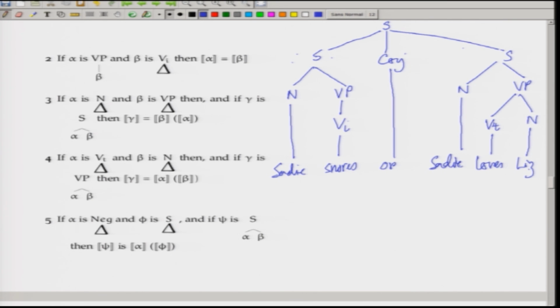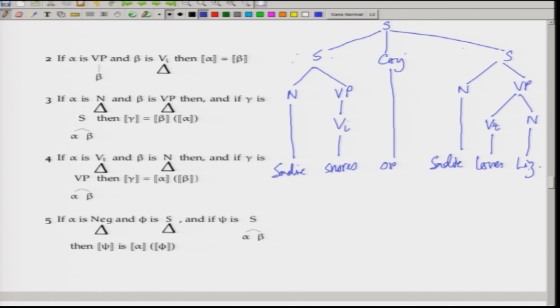So, okay, this is our sentence. It's a little strange, a little odd, because in a natural situation you would say Sadie snows or he loves Liz. You would not say Sadie loves Liz, but unfortunately we do not have he or she here, so we just write it like this.